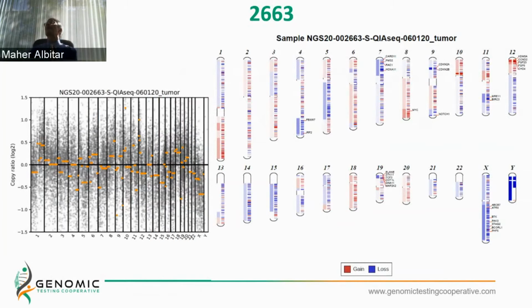And in this case, these are the chromosomal abnormalities. As you can see, numerous chromosomal abnormalities typical for solid tumors, but it definitely doesn't have ERBB2 amplifications here. Next slide.